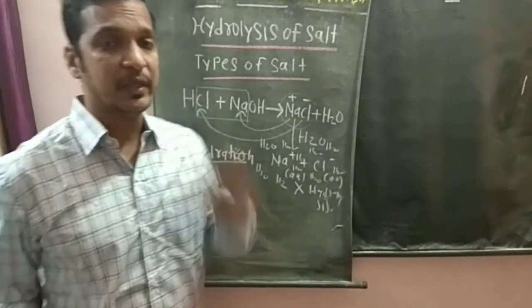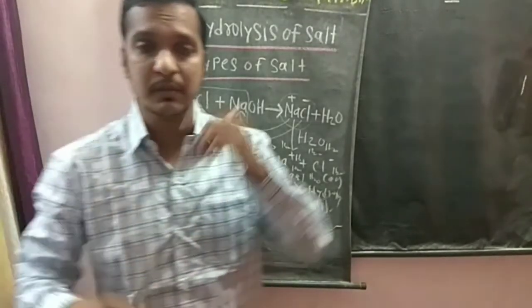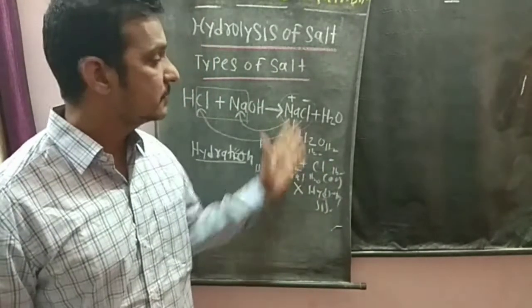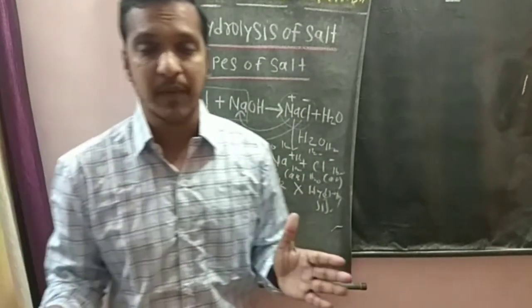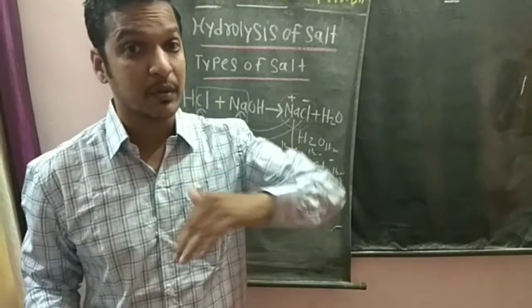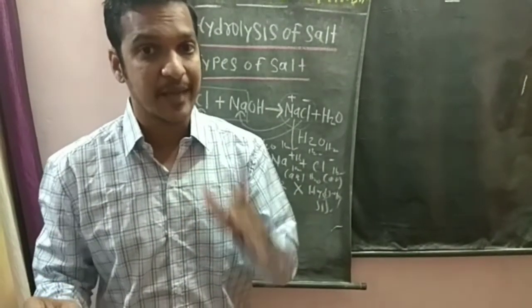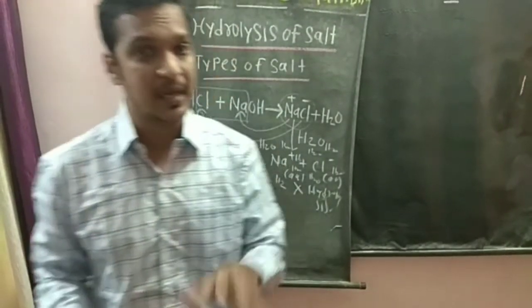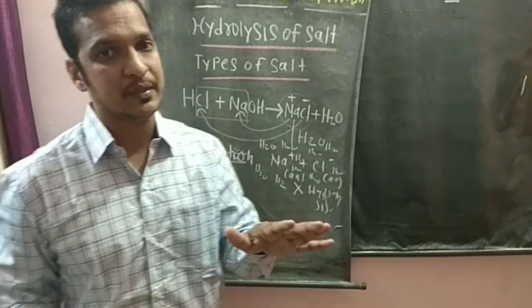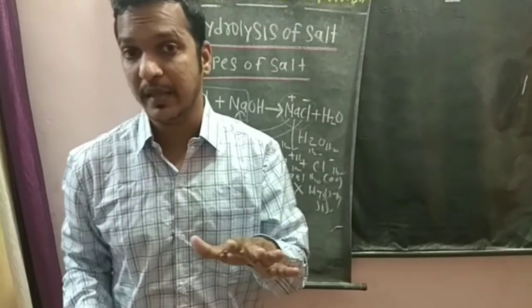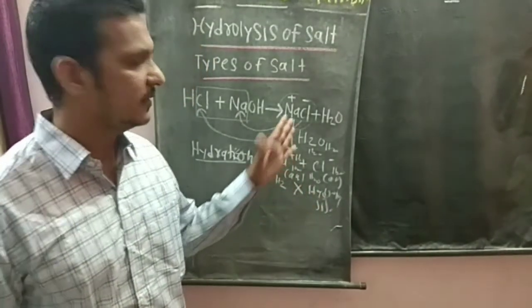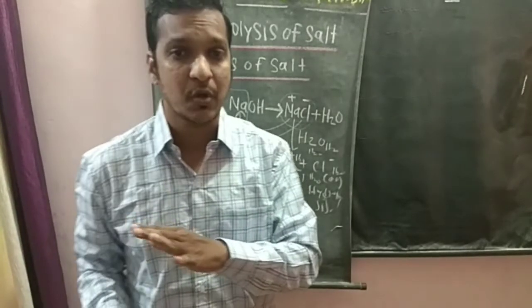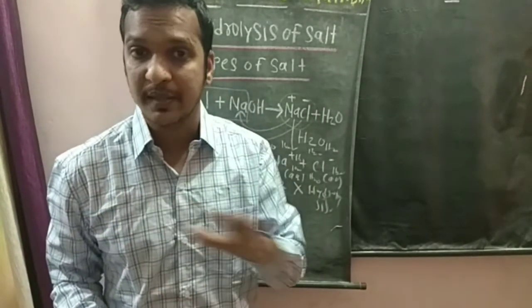Means NaCl only undergoes the hydration process because water molecules surround the ions, but these ions, after breaking up by water, do not react with water further. They remain as they are. That is why we can say that in case of NaCl, hydrolysis of salt does not take place.